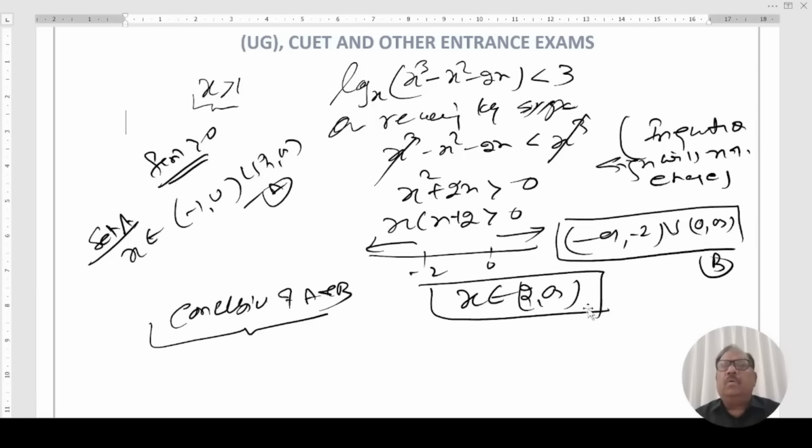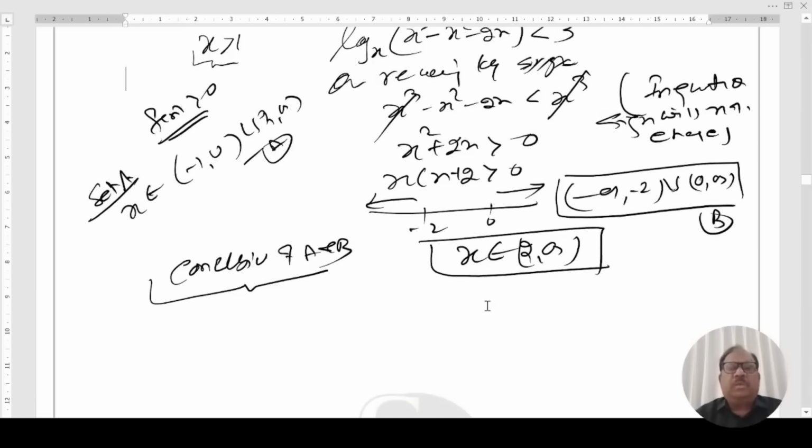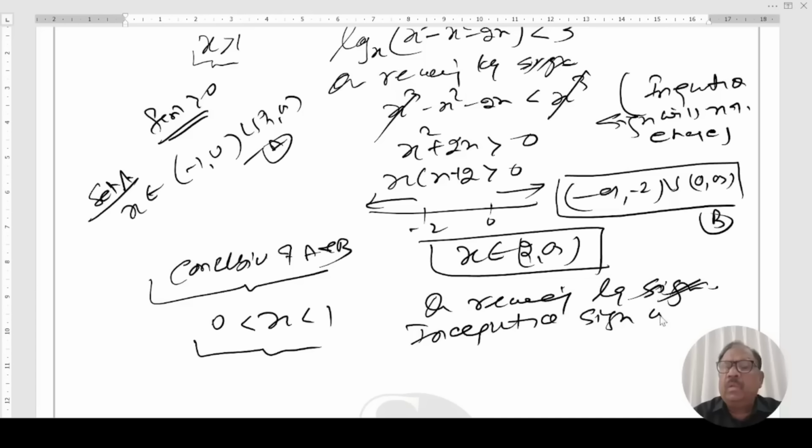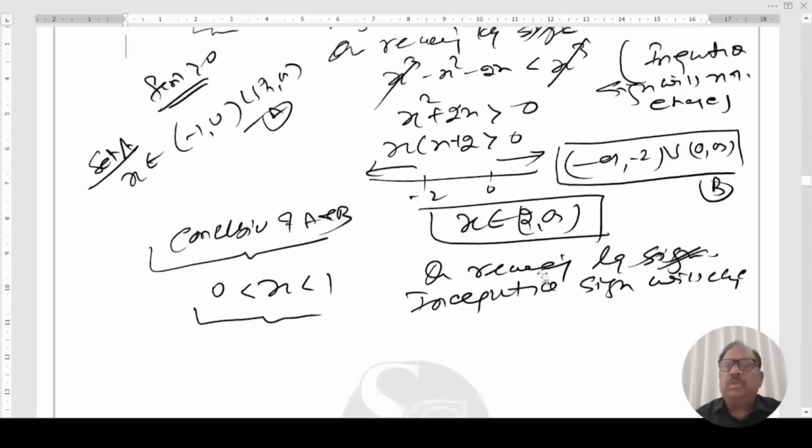Right? Now, taking x less than 1 and greater than 0. On removing the log sign, the inequality sign will change.